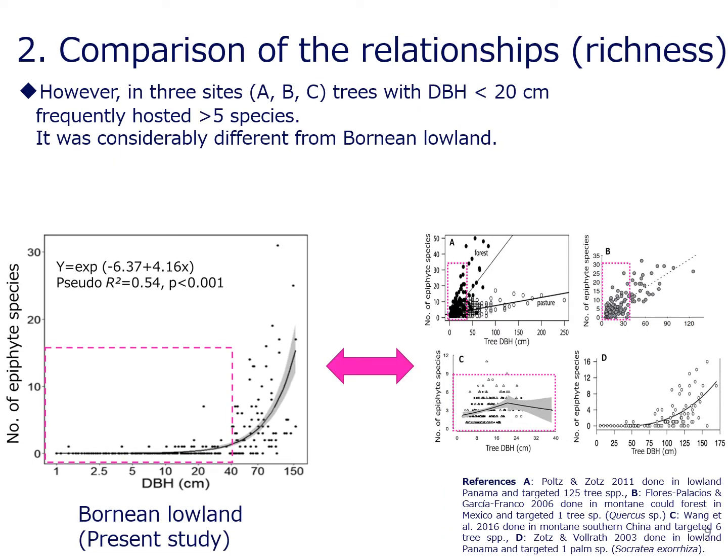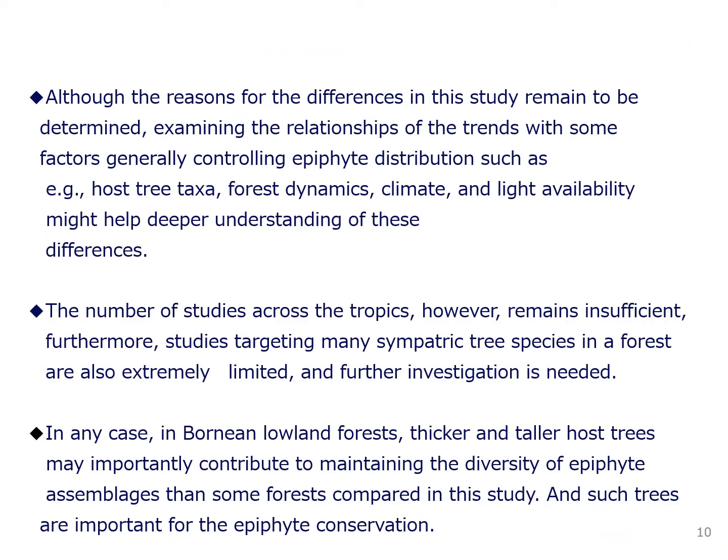However, in 3 sites in Neotropics and 3 Southeast Asian tropics, shown as A, B, C in the figures, trees with DBH less than 20 cm frequently hosted more than 5 epiphyte species, and it was considerably different from Borneo lowland.